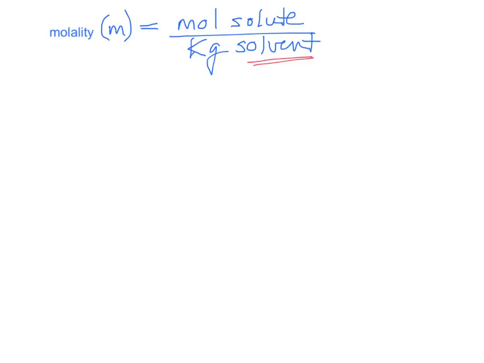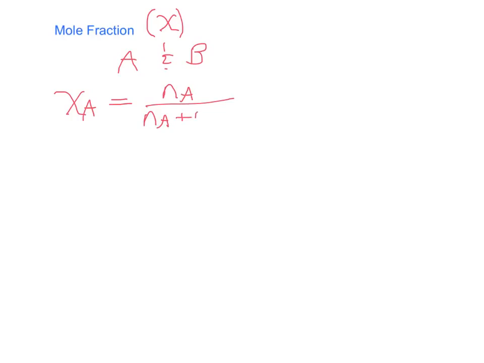And then the one you probably haven't seen yet is mole fraction, which is abbreviated with a chi. That's the same symbol as from electronegativity. So let's say I have a solution of A and B. Okay, it doesn't matter what A and B is. The mole fraction of A is the moles of A divided by the moles of A plus B, so the total moles.